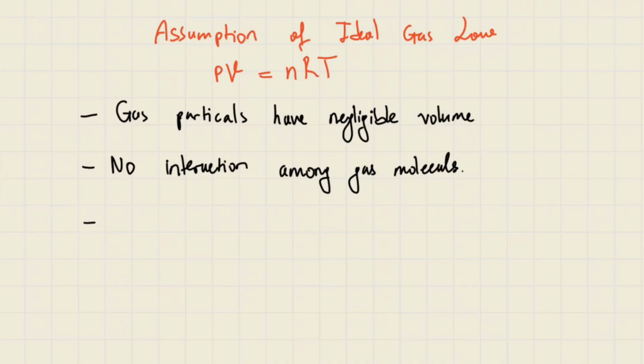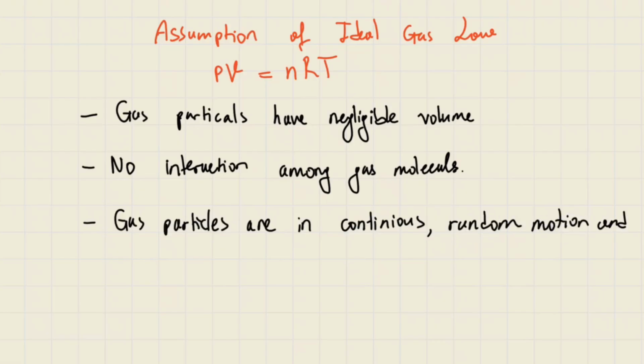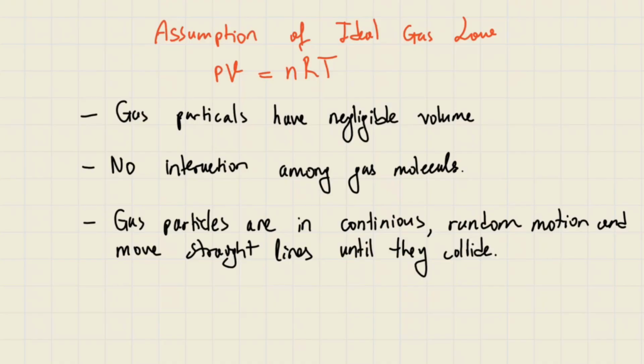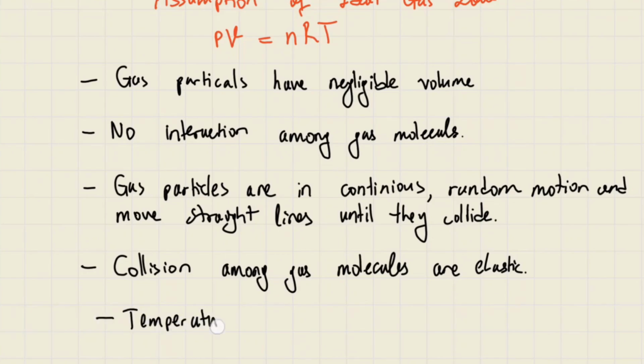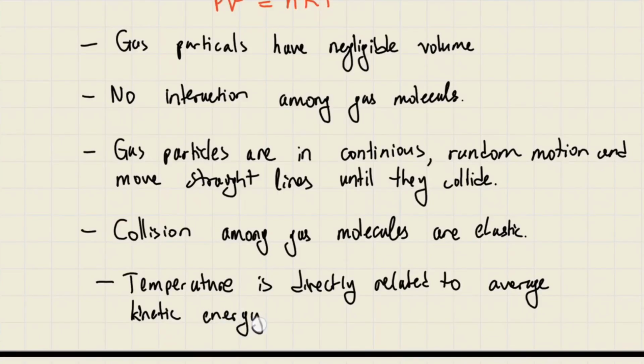And the third one, gas particles are in continuous random motion and move in straight lines until they collide. When they collide, this collision is an elastic collision. And the temperature is directly related to the average kinetic energy of the gas molecules.